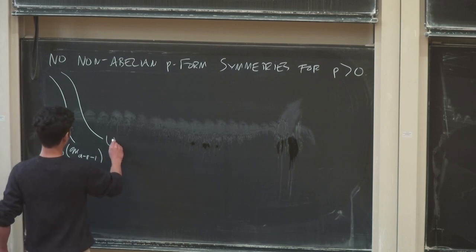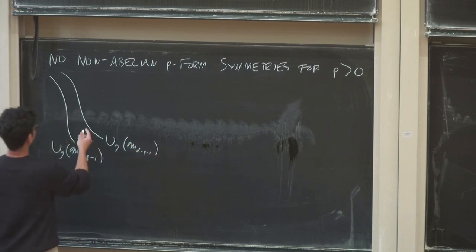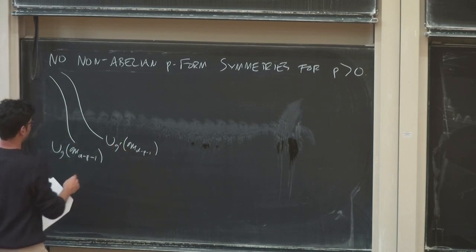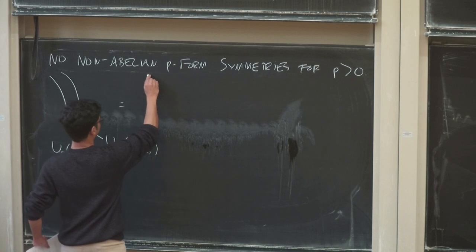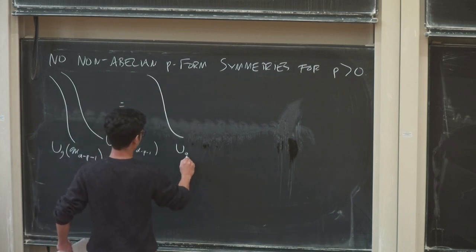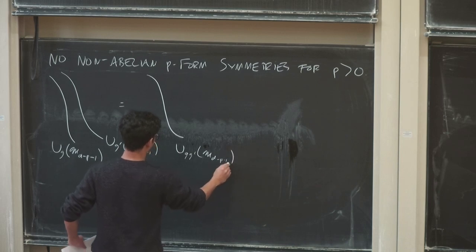Now imagine taking two of these, they're topological, and fusing them. So I have u sub g and u sub g prime, and now I fuse them, and I get u sub g g prime on M of d minus p minus 1.